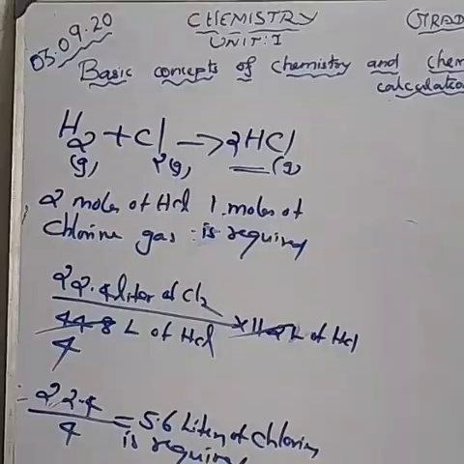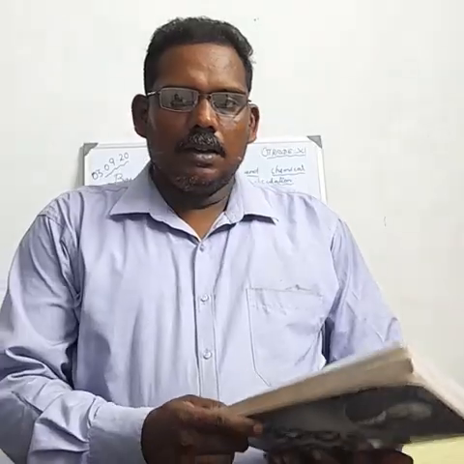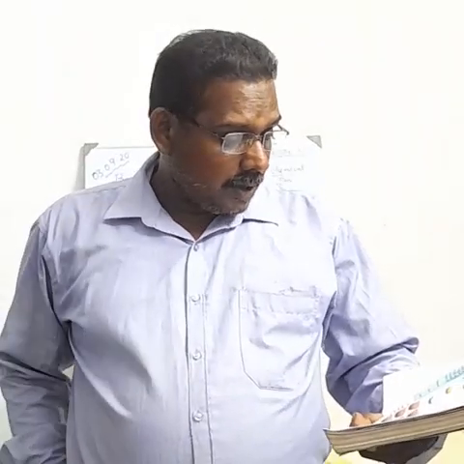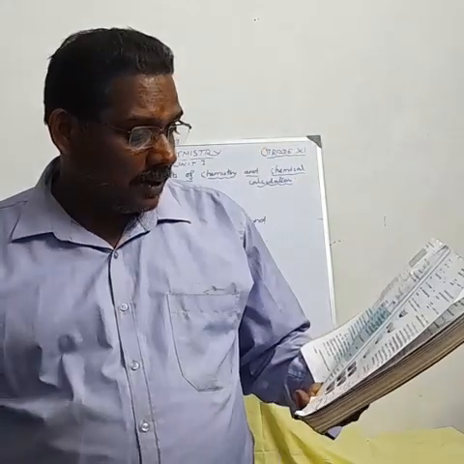Next one. Now, all of you please turn over the book, page number 13 and 14. First, page number 13, about the stoichiometry definition. In the middle of the page, they have stoichiometry.